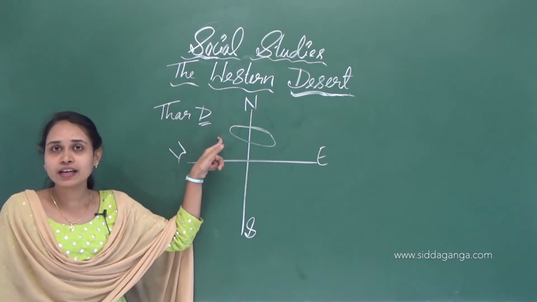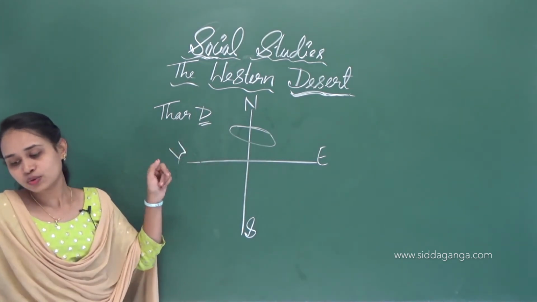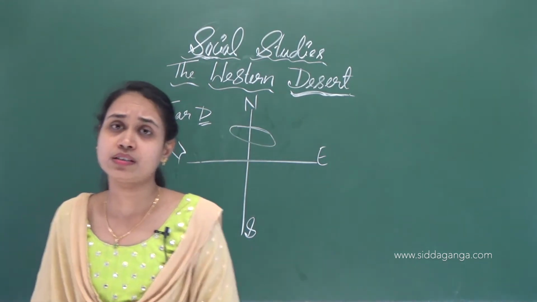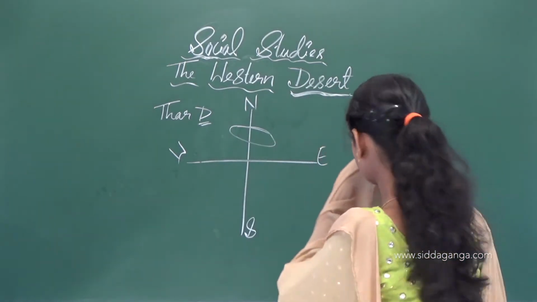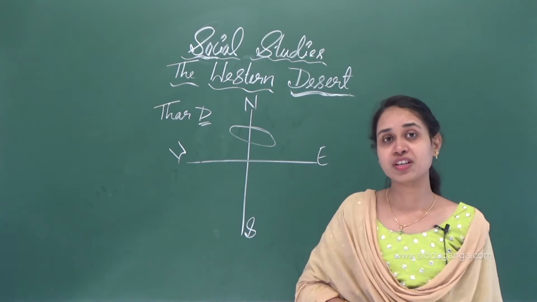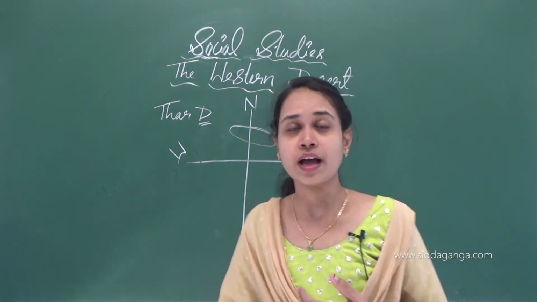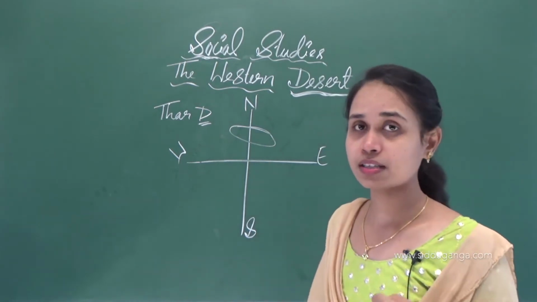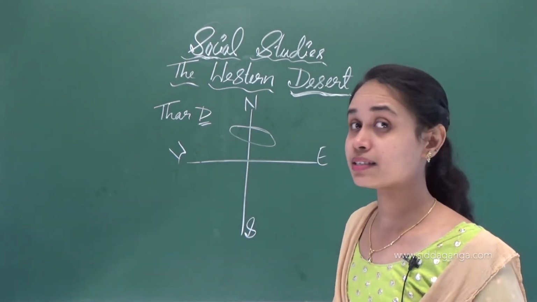We can see Haryana here in this part. It covers a large part of Rajasthan. So it stretches from the Rann of Kutch to the borders of Haryana, and covers a large part of Rajasthan. We can see the desert.